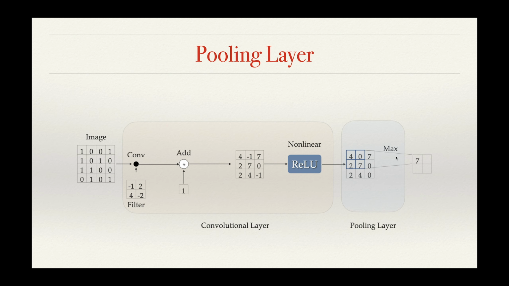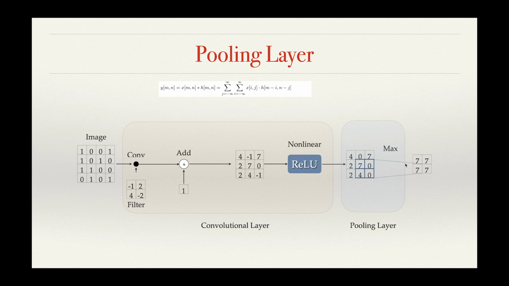You can see we reduce the size first of all, because here we had 3 by 3 and we end up with 2 by 2. And basically we are removing the unimportant values, because here what we got as a conclusion is that we have really 7, which means that this feature actually is detected in the input signal, regardless of where it is now.